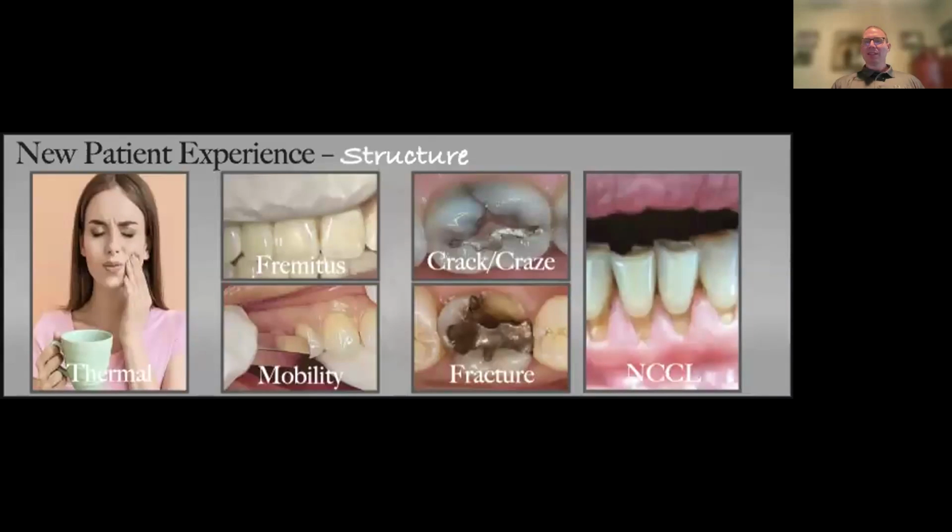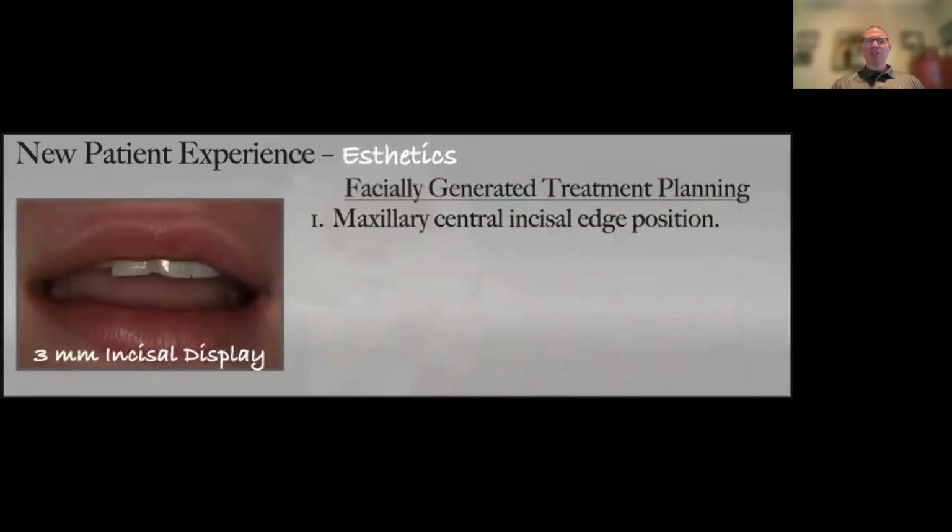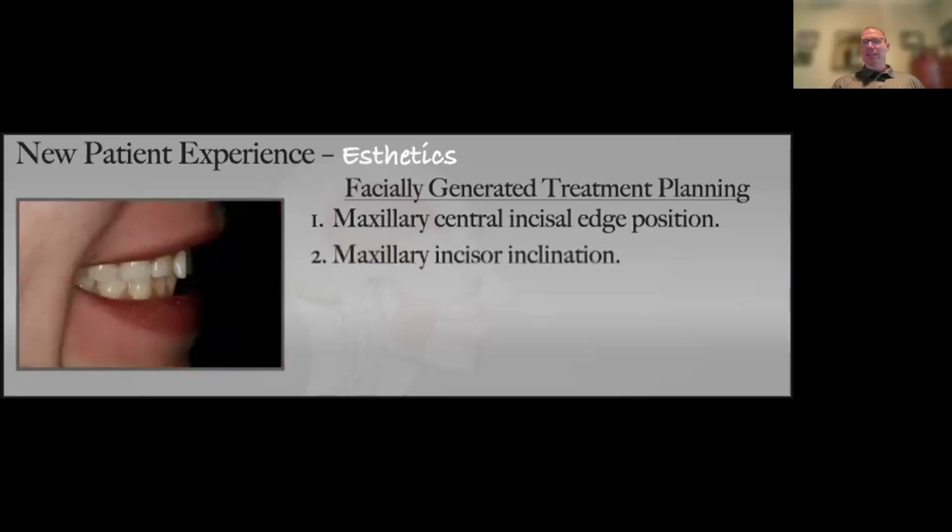When we start to look at the aesthetics, we're going to follow the facially generated treatment plan. And that's a concept that Frank developed in the 1980s. First thing they're looking at is the maxillary incisal edge position and the vertical position. And typically that incisal display should be somewhere between 1 and 3 millimeters. We want to look at the horizontal inclination. Maxillary incisors often could be proclined or very vertical.